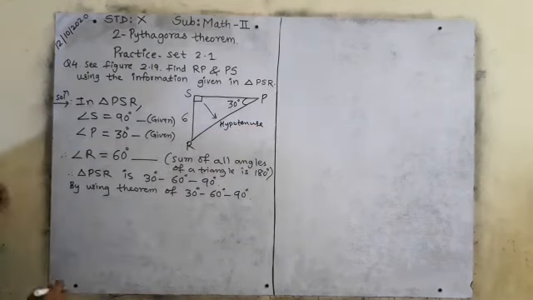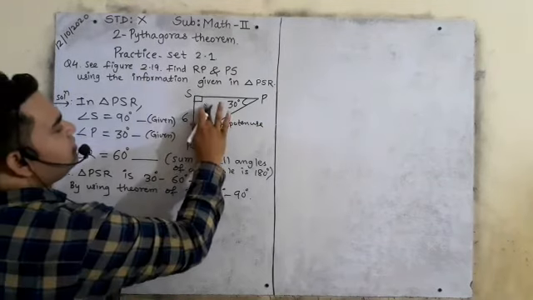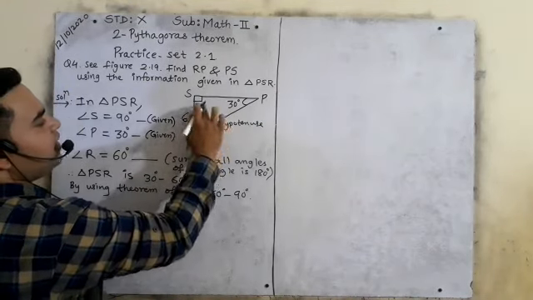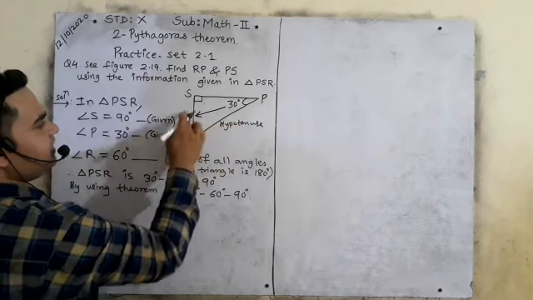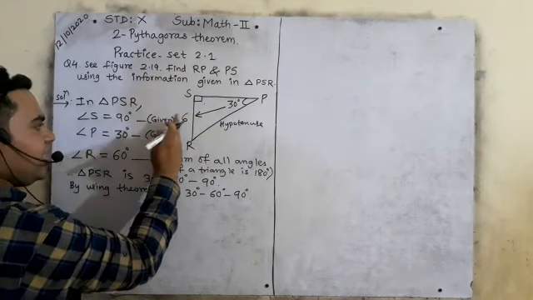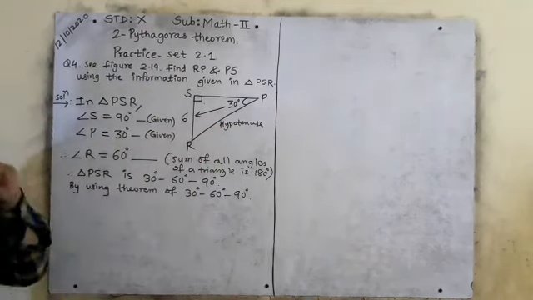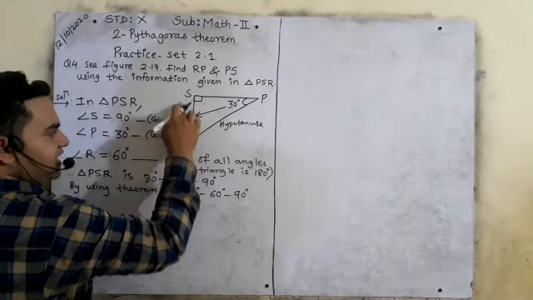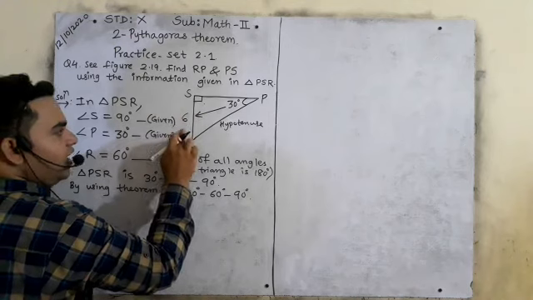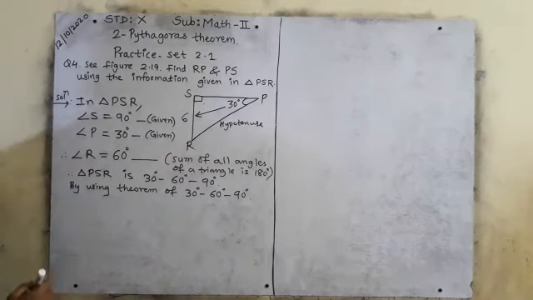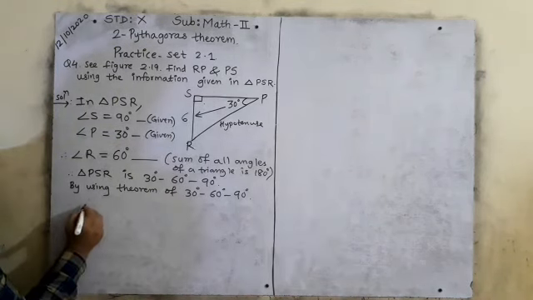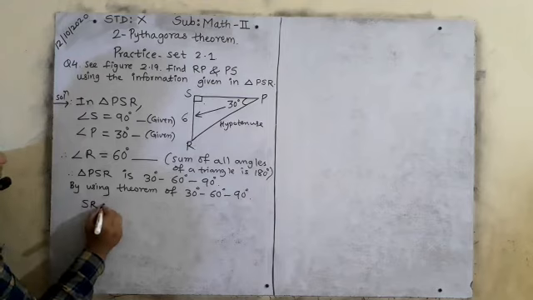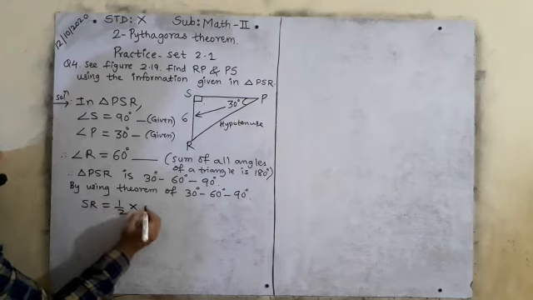What we know is that the side opposite to the 30 degree angle, that is SR, is half of its hypotenuse. So we will write: SR is half of its hypotenuse.